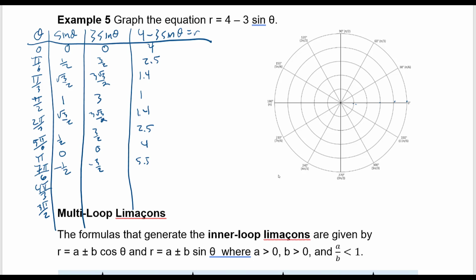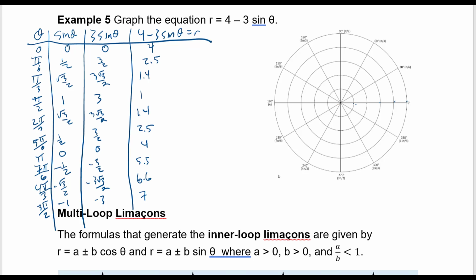We're going beyond the 5. This is going to be negative square root of 3 over 2, so sine of that. So negative 3 root 3 over 2. And as a decimal approximation, we are looking at 6.6. Oh man, we're getting out there. Then for 3 pi over 2 is negative 1. 3 times that's negative 3, and 4 minus that is 7.